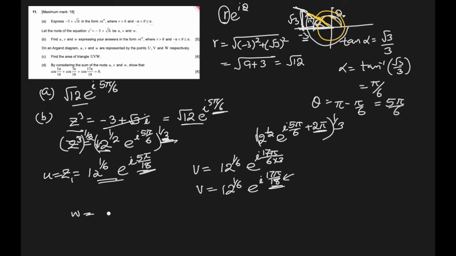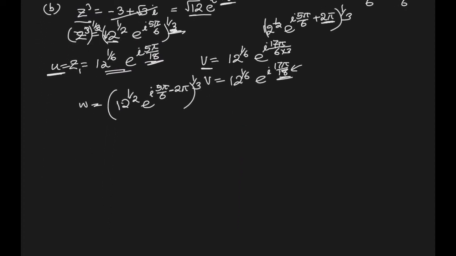So this is what we'll do: 12 to the power 1/2 e to the power i (5 pi by 6 minus 2 pi), and then we have to give the power 1/3 to it all. So we got u here, we got v here, and now we will find w this way.